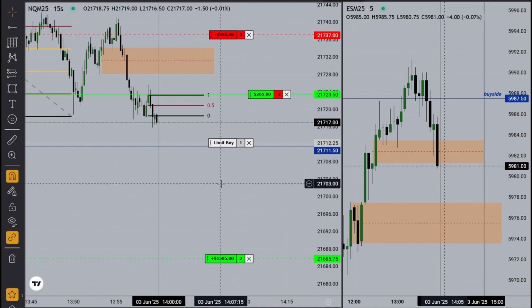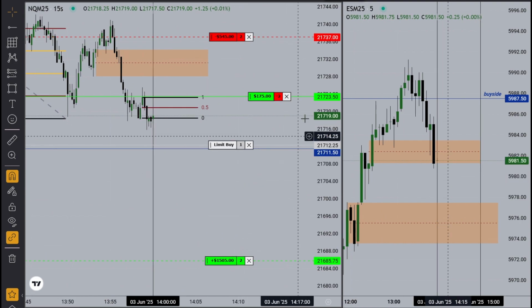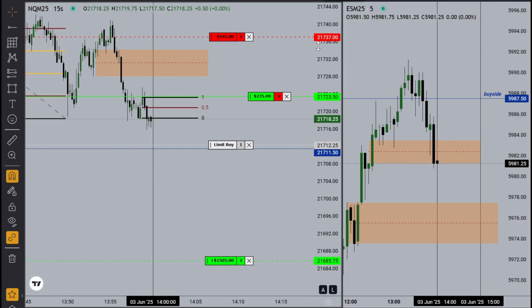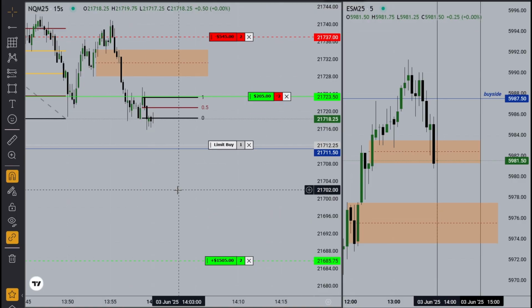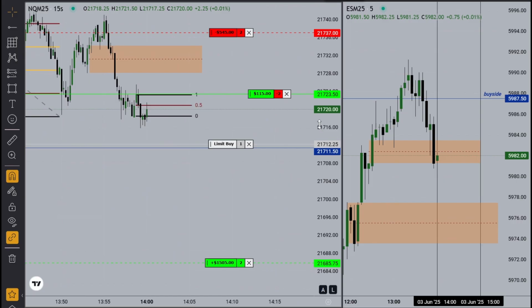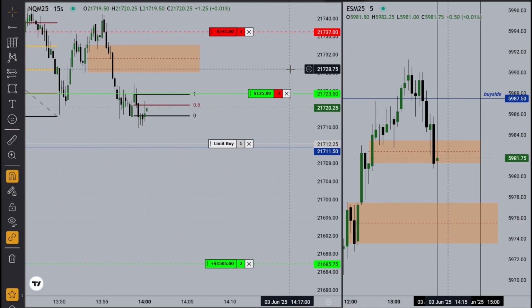As you can see, the order block that was created now to the downside, you can tell the 50% or mean threshold of that order block is being respected, which is a good sign. Also on your right hand side on ES, the inversion fair value gap is being respected.